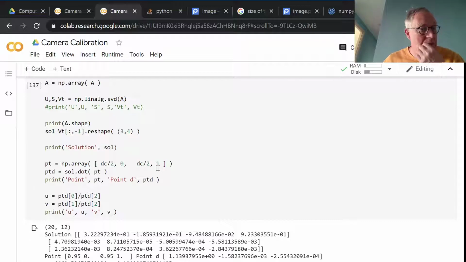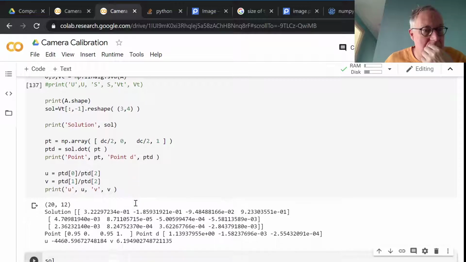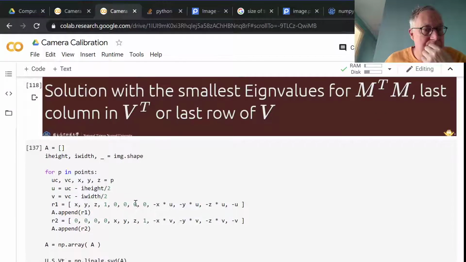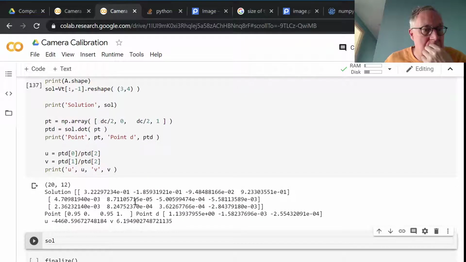So now if it's exactly the center, okay. Now we get a solution.